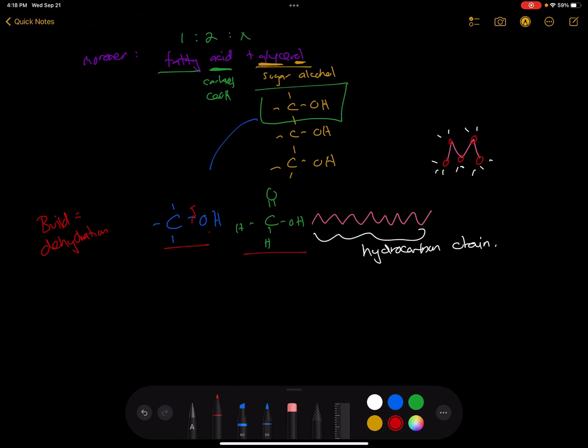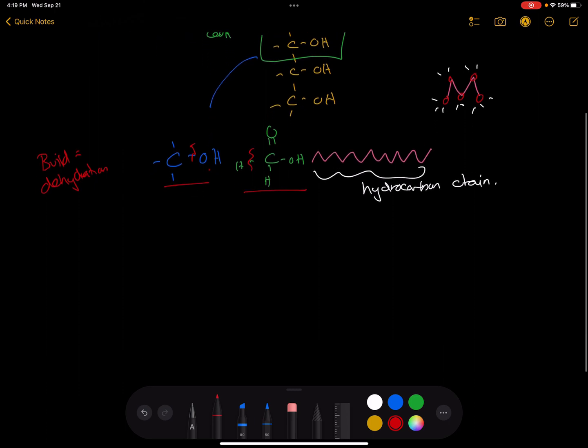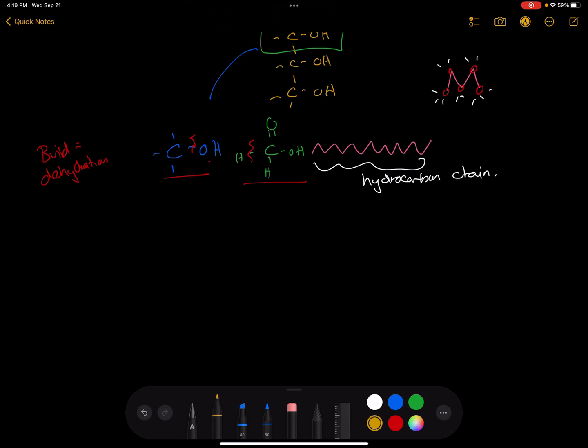So this carbon is going to break up, this carbon is going to break up, and then those two are going to join together. So what that looks like is I will have C, double bond O, and the OH down here, and that's going to be attached to a big hydrocarbon chain.